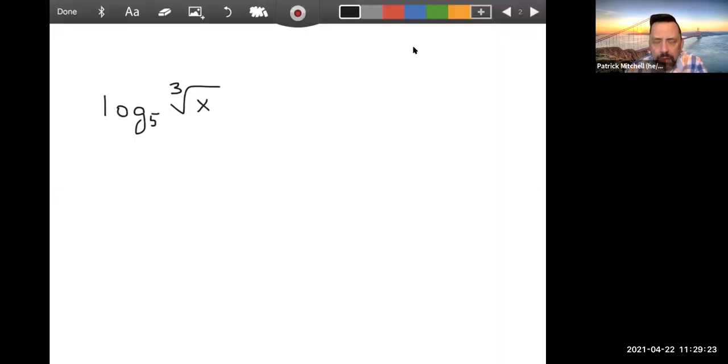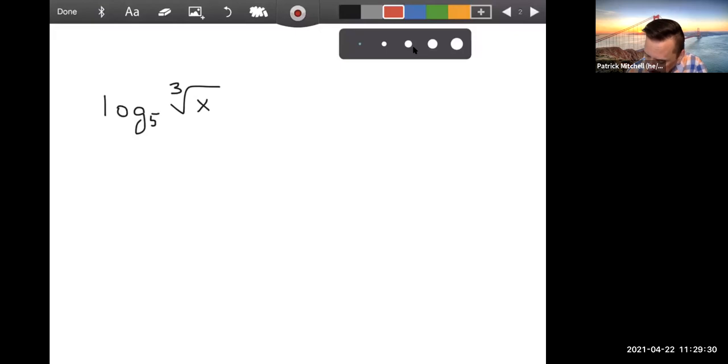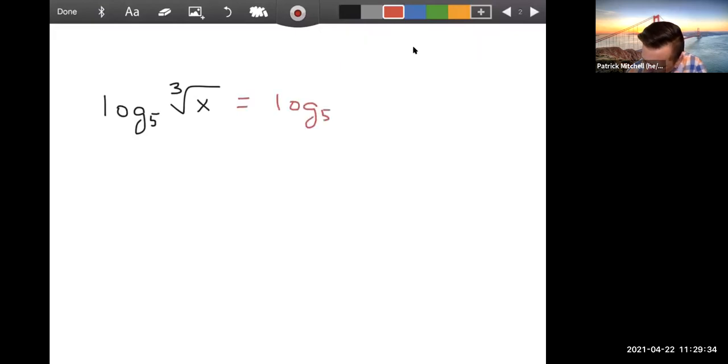Yeah, I'm not comfortable leaving out the step that they left out. So the first thing I would absolutely do is rewrite that cube root of x as x to the 1/3. Okay. And now I can take that 1/3 and go, and that is how that 1/3 ends up out front. So you get 1/3 times log base 5 of x.